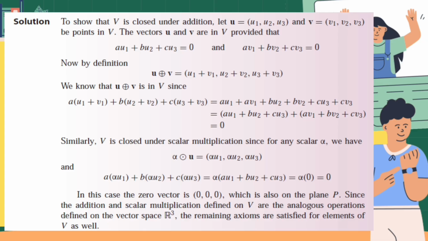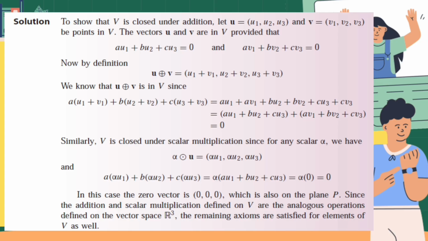Similarly, V is closed under scalar multiplication, since for any scalar alpha, we have alpha times U equal to alpha U sub 1, alpha U sub 2, and alpha U sub 3.